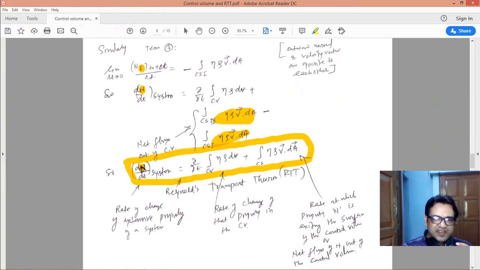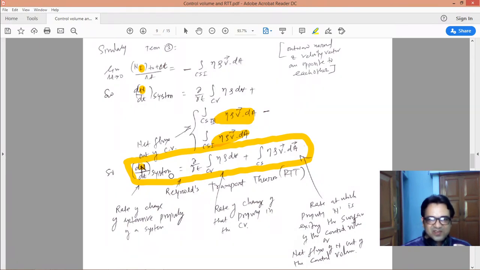For any extensive property N for the system, the rate of change for the system will be equal to del by del t, the rate of change of that extensive property for the control volume, plus the surface integral of eta rho v dot dA. So this is your Reynolds transport theorem.